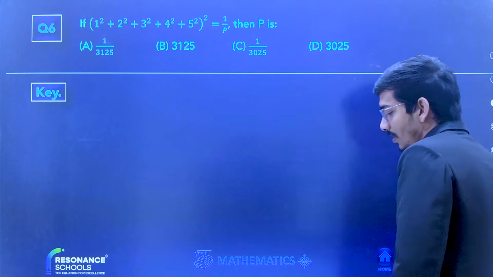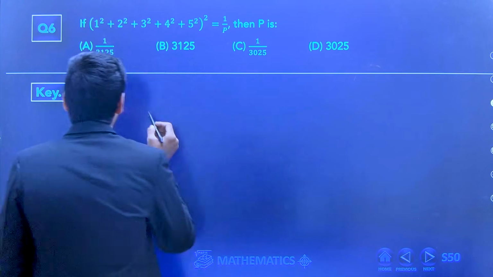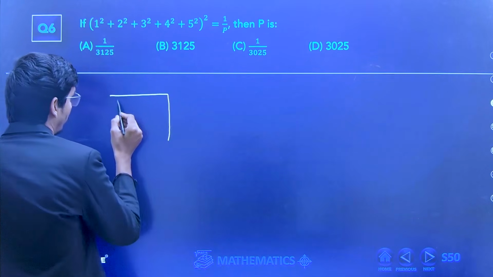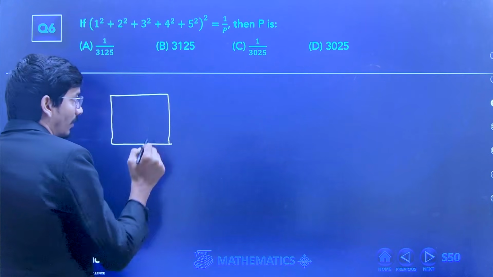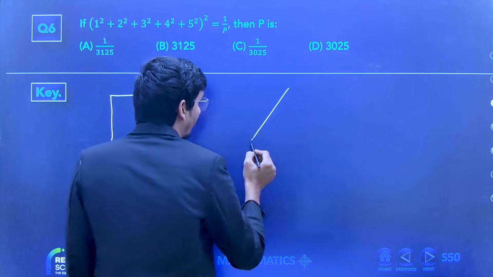Okay, just draw the diagram. This is a square, and one equilateral triangle.